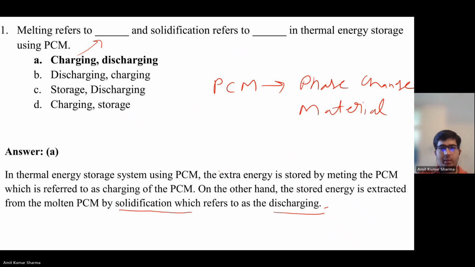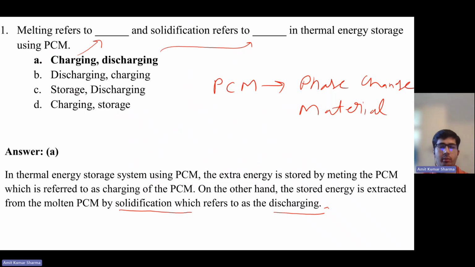Basically, melting the PCM for storing the energy is referred to as charging, and solidification refers to the discharging, in which we extract the energy back. So the correct answer is option A: melting refers to charging and solidification refers to discharging in thermal energy storage using phase change materials.